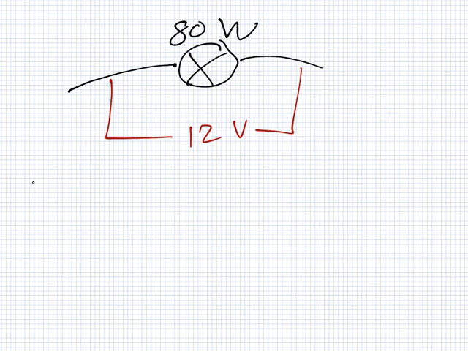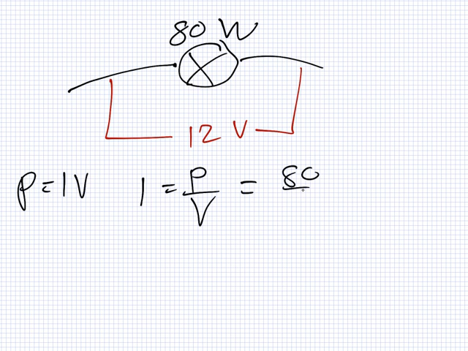So you can have from your VIR, P equals IV, your I equals P over V, which will be 80 over 12, which is 6.67 amps.